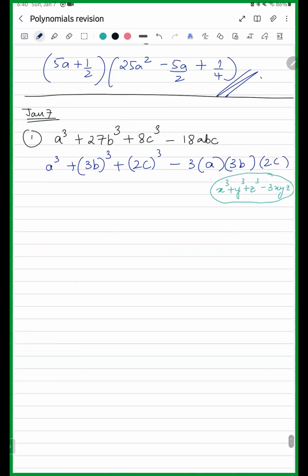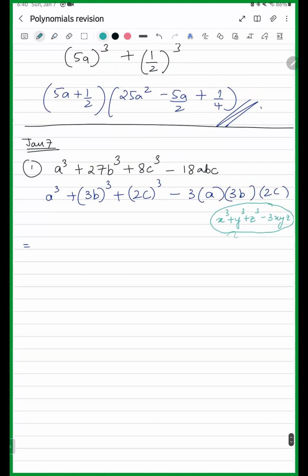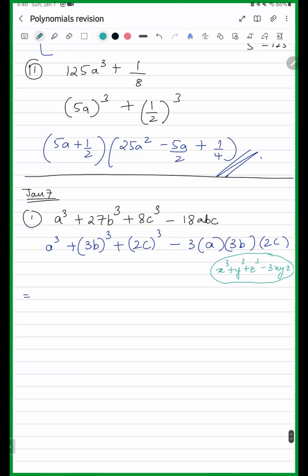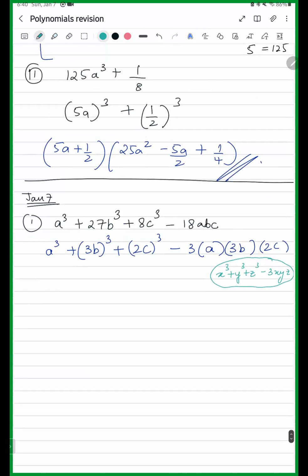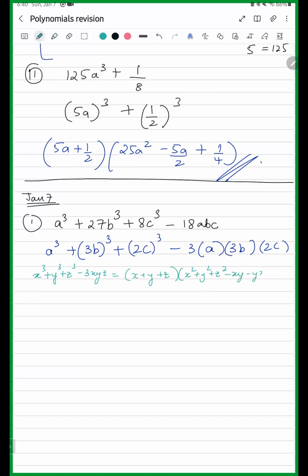So this is equal to this thing. Let's write it over here. This is equal to x plus y plus z into x square plus y square plus z square minus xy minus yz minus zx.